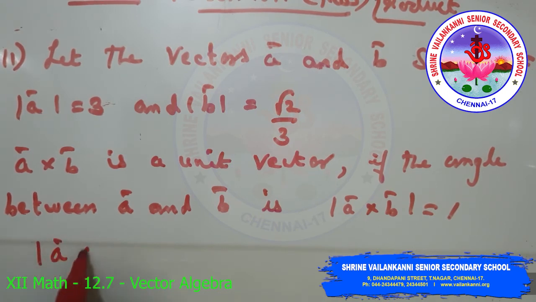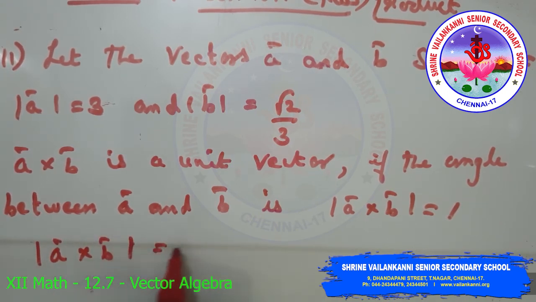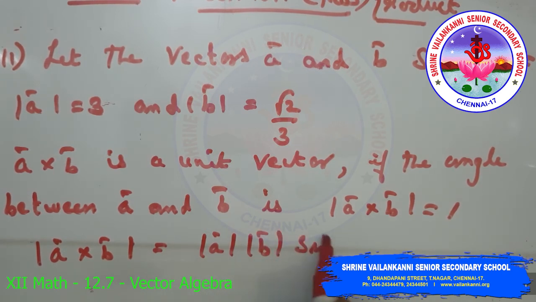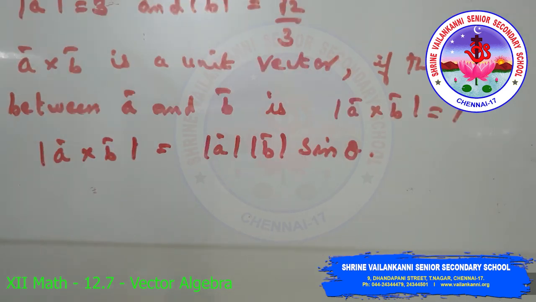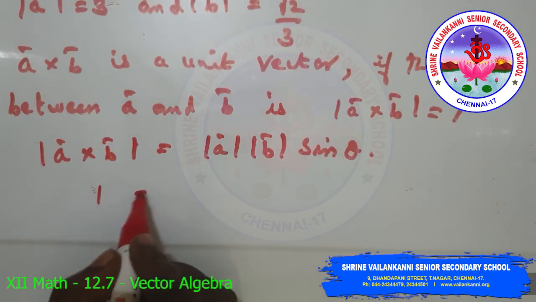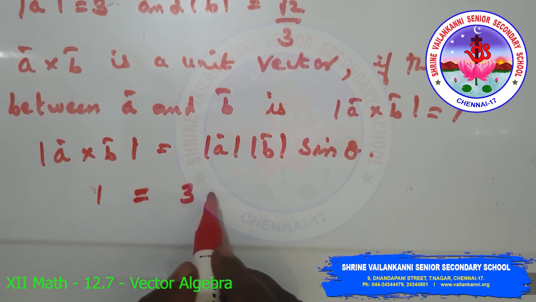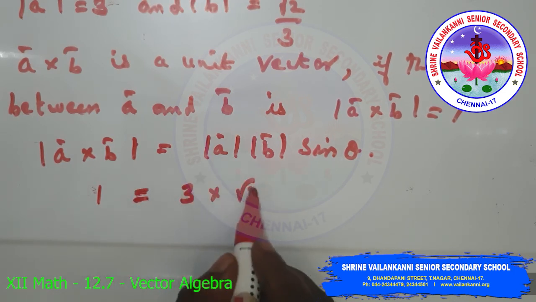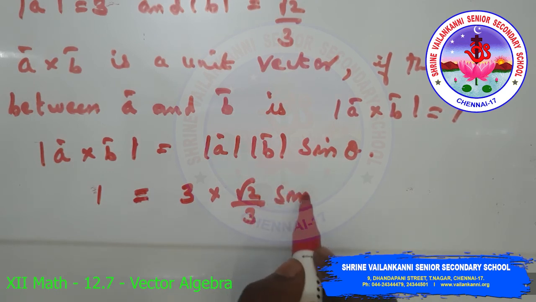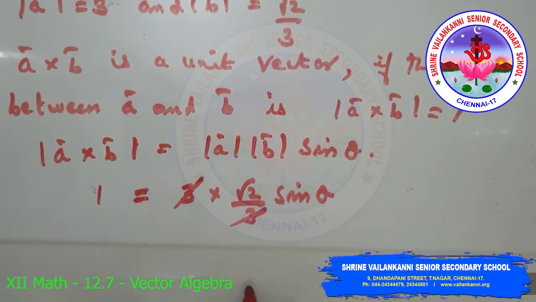So using the formula |a cross b| equal to |a| |b| sine theta, we need to find theta. Substituting the values, 1 equal to 3 into root 2 by 3 into sine theta. 3 and 3 will get cancelled.